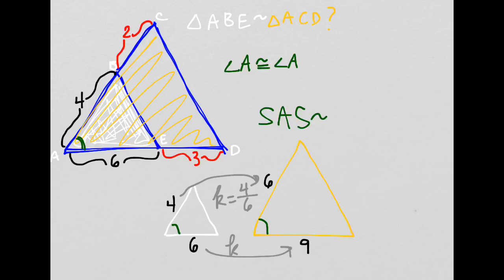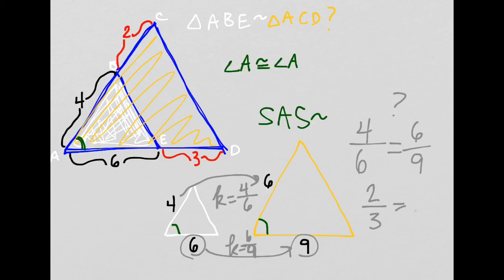My value of k here is 6 over 9, original over new. So, is this true? Now I could simplify this fraction 4/6. I could say this is 2/3, and I could say this is 2/3. So what I'm really doing is I'm multiplying by 2/3.